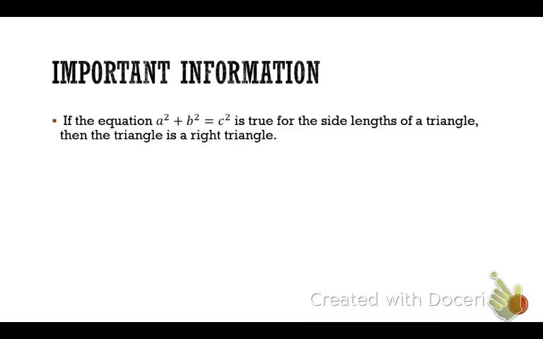If each side length can be plugged into my formula, and a squared plus b squared does in fact equal c squared, then the triangle is a right triangle. So you're going to test values, and if they equal out, then it is a right triangle.